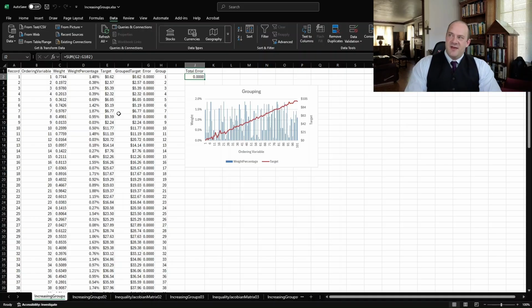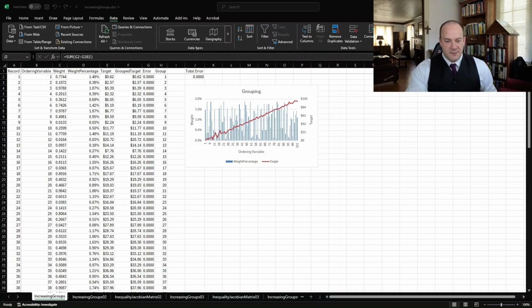However, if you want to do this in something like R or Python or SAS, you need to figure out how to set things up in that environment so that you can perform a constrained optimization problem. And so now let's go to our good friend R and talk about how we do that there.